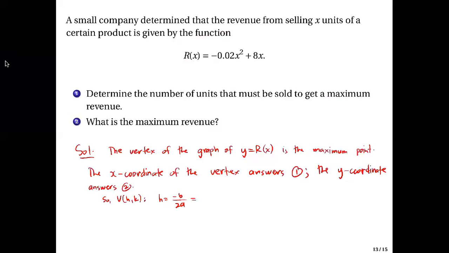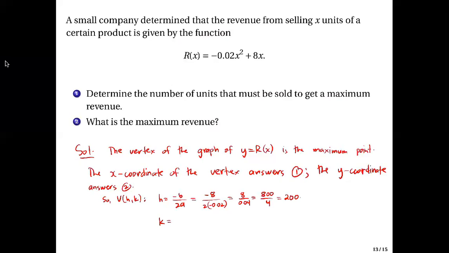Negative b, that's negative 8. And then 2a, that's 2 times negative 0.02. So this is just 8 over 0.04. So this will be 800 over 4, or this is equal to 200.